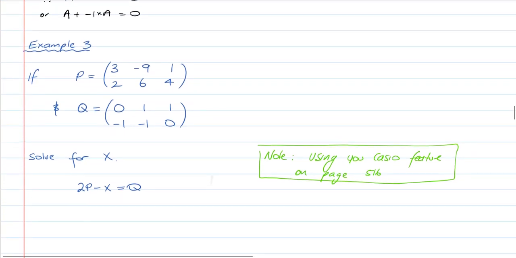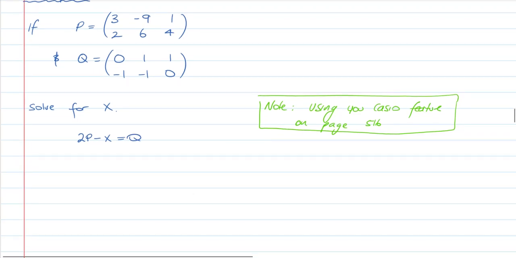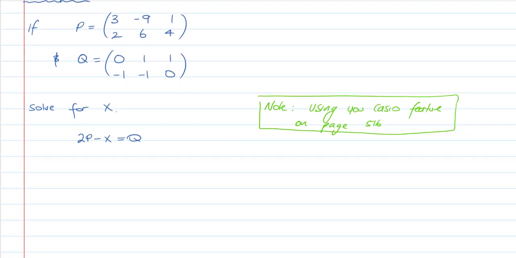So what we're going to do in example 3 is we're going to solve this equation, 2P minus X equals Q. Now P is a 2 by 3 matrix and Q is a 2 by 3 matrix, so that works. It also means that X will be a 2 by 3 matrix. So this is what I'm going to do. I'm going to write this down as 2P minus X equals Q. So therefore minus X equals Q minus 2P.